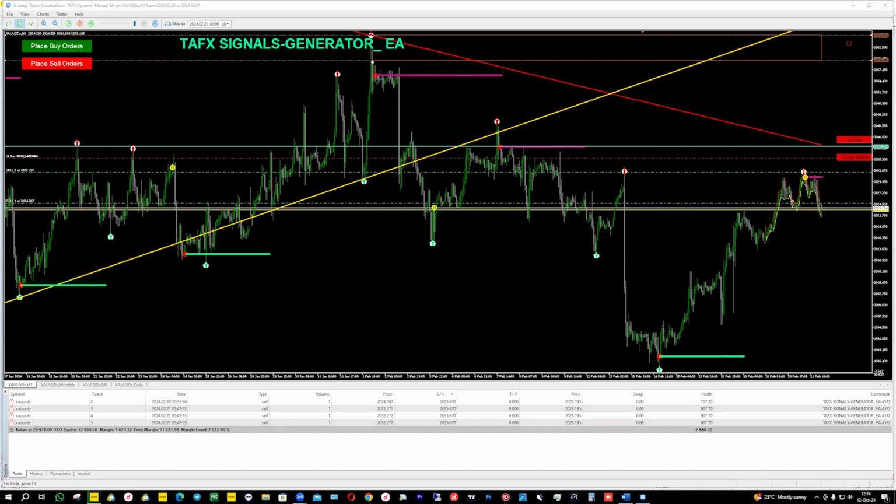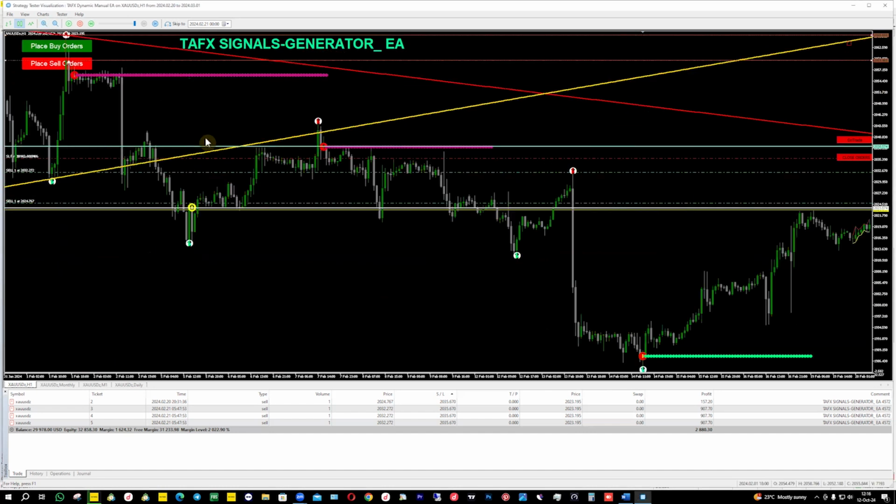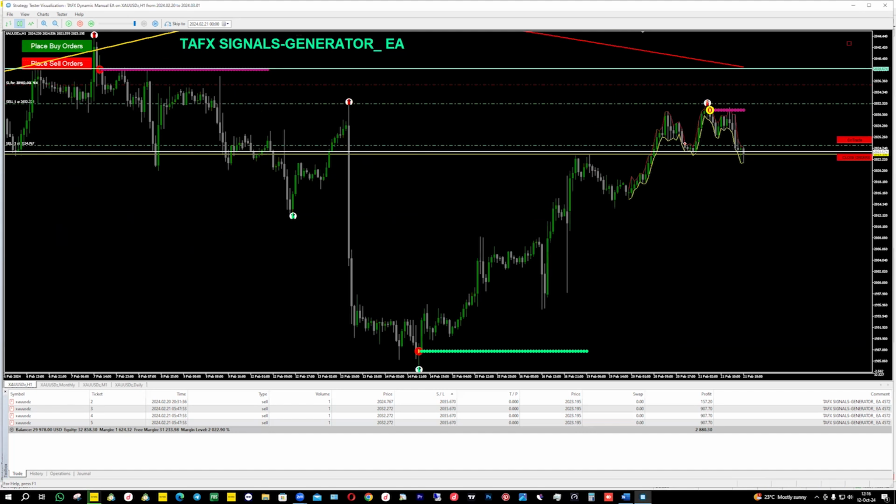our order block here, let me zoom in because it is good to see it clearly. I think I won't miss anything. After respecting this order block, what do you see? Exactly that place is where the EA, and remember this is manual, but it is the work of the EA, because this is why it is a manual EA, has added another 3 positions. These 3 positions were added.